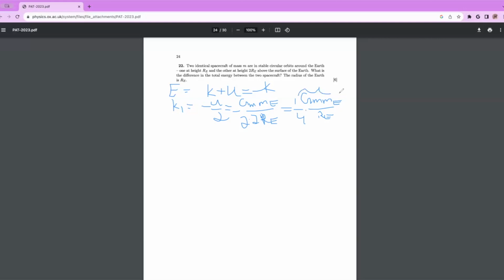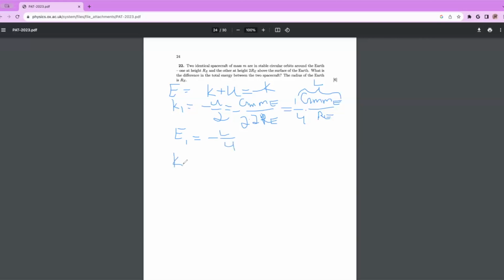For the sake of not having to write so much, I'm going to call this quantity L. So G M m_E divided by the radius of the Earth is L. Therefore, the energy of the first spacecraft is the negative of the kinetic energy, which is negative L over 4.